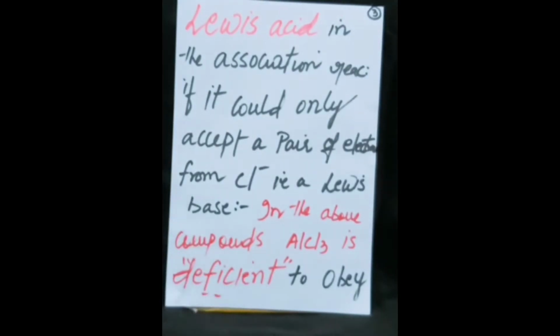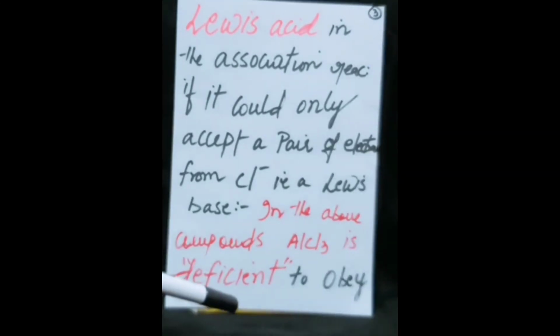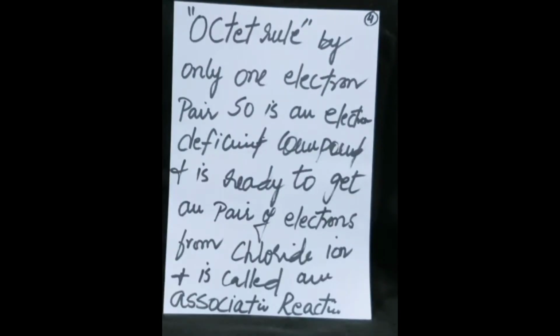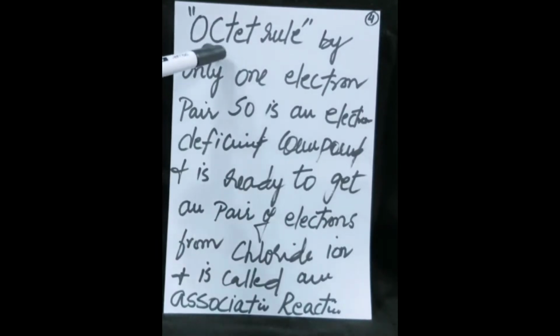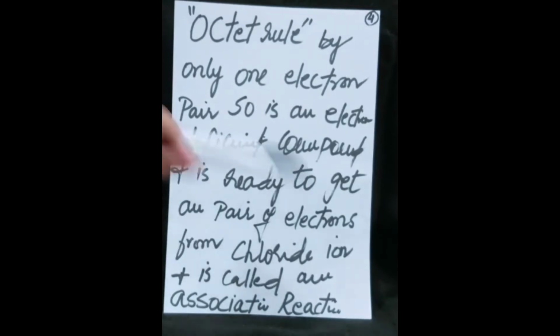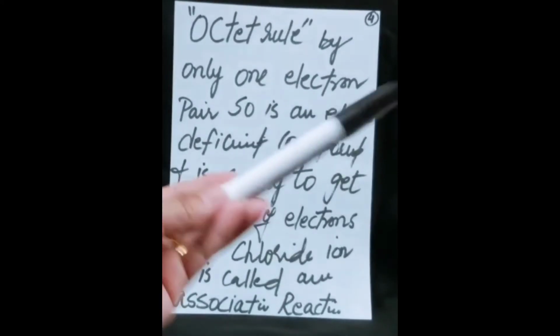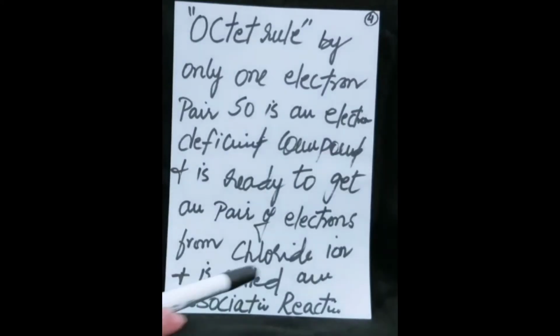So in the above compounds, aluminium trichloride is deficient, of course, in obeying the octet rule by only one electron pair. So it is an electron deficient compound and is ready to get a pair of electrons from the chloride ion, and that is called an association reaction.